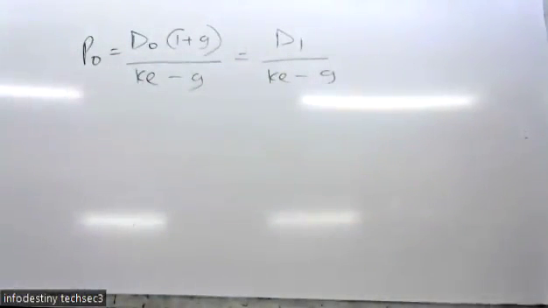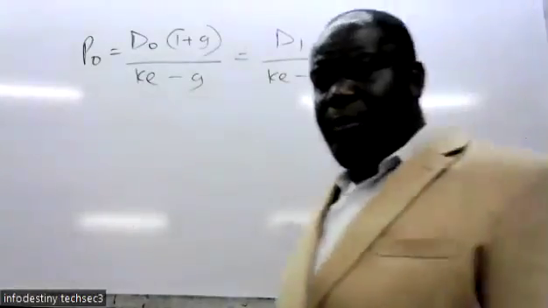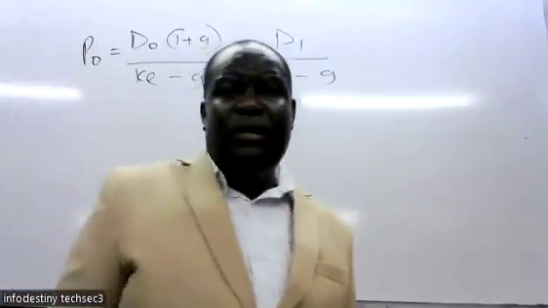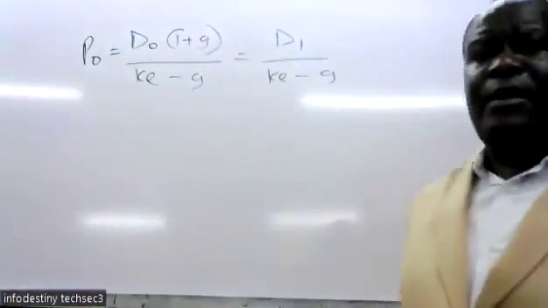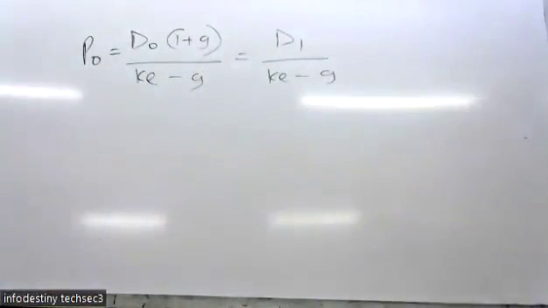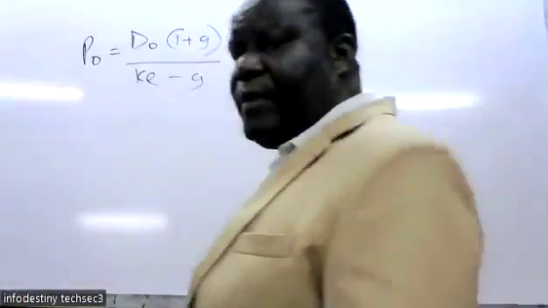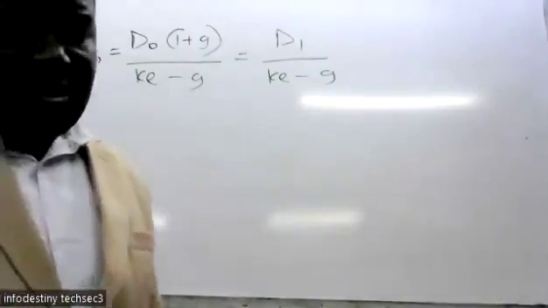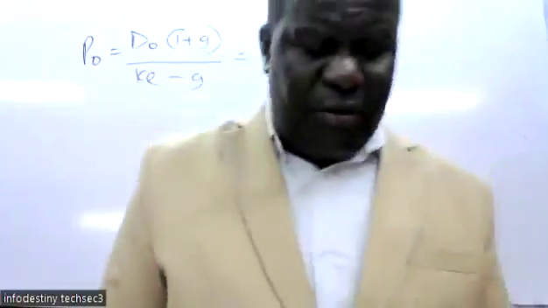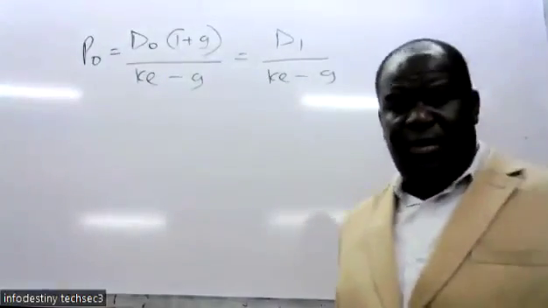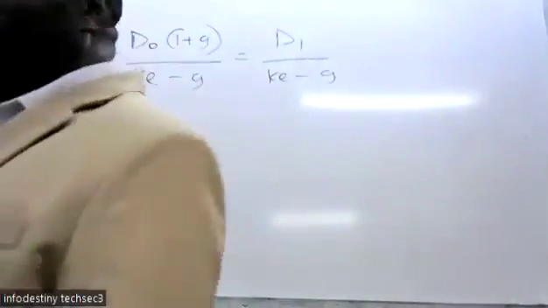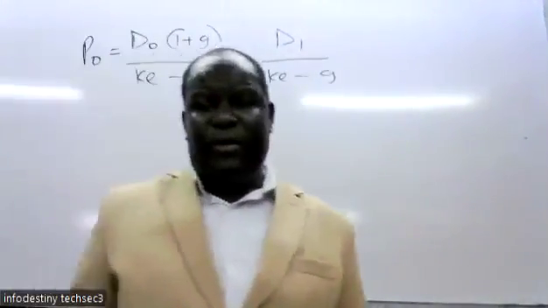D1 is the next dividend per share to be paid. Ke is the cost of the ordinary share. G is the constant dividend growth rate.